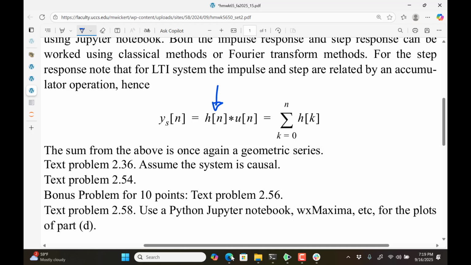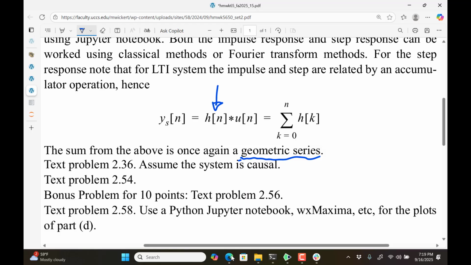It just says you're going to accumulate the impulse response from 0 up to infinity, or up to n, and then that will give you the step response. So you say, how am I going to do that? Well, when you plug that in and wrap that sum around it, you're going to see that those sums are just another geometric series, which you can do because you've done it before. So you can get at it that way.